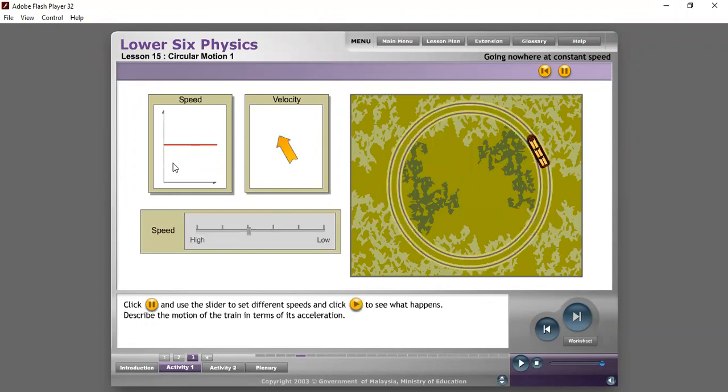Now the graph shows the speed increases until it reaches a higher constant speed. Answer: at the start, there is an acceleration which causes an increase in speed. When the train has reached its maximum speed, there is still an acceleration because it is changing direction.